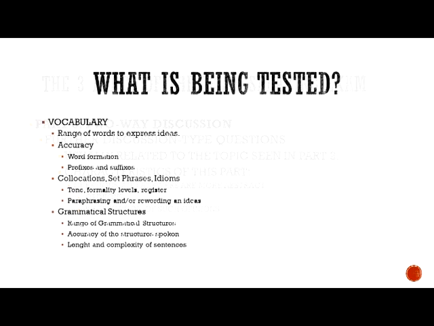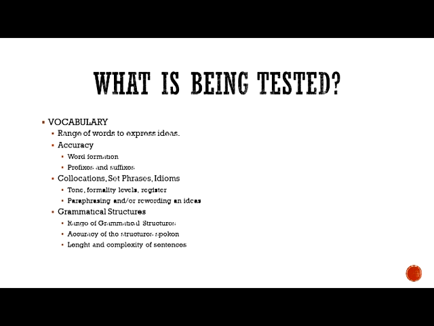Now, another thing that you have to keep in mind, okay, so what is being tested? What am I being evaluated on when I'm doing this part of the test? Well, the first thing I can tell you is vocabulary. Like I mentioned right now, it is important that you are able to highlight to the evaluator the range of words in which you express ideas. Also, like I said before, accuracy is very important.